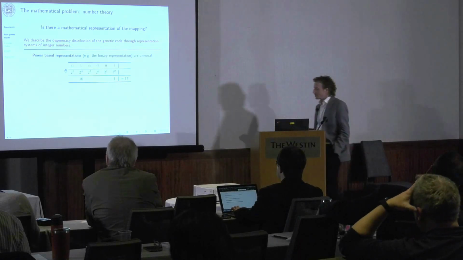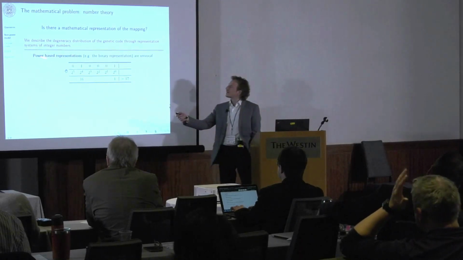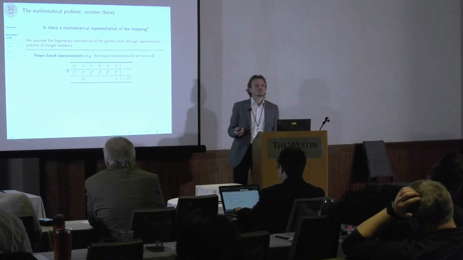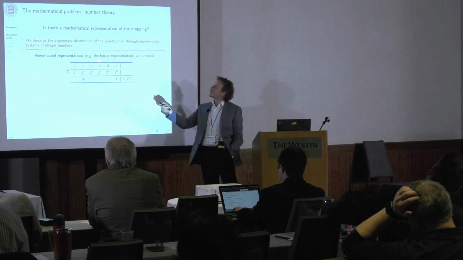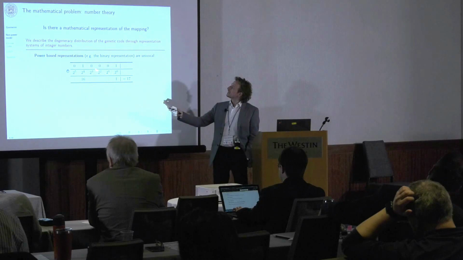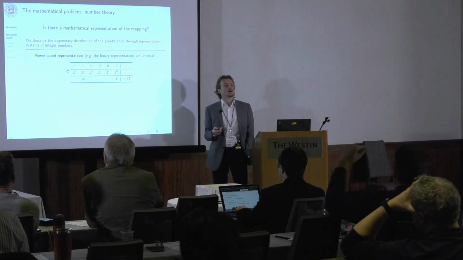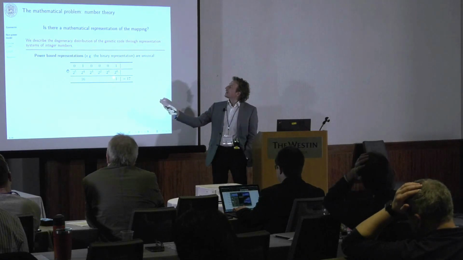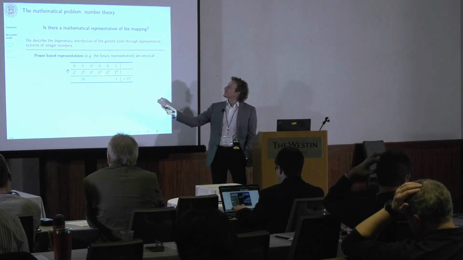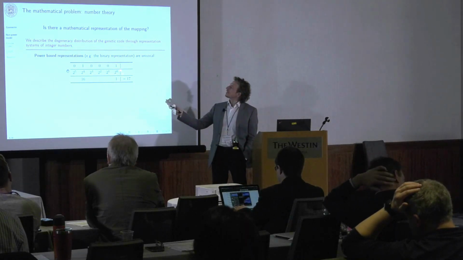But the representation systems we have all learned are usually power-based, meaning that, for instance, in the binary system we use the powers of the base 2 to represent numbers.